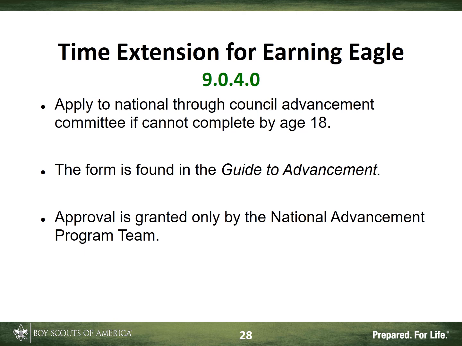From time to time we get requests for time extensions for earning Eagle. Let me tell you, they are also very rare that they get approved. The only time that they do get approved is if the reason that the Scout cannot finish the requirements by the time the Scout is 18 is because of circumstances beyond their control.